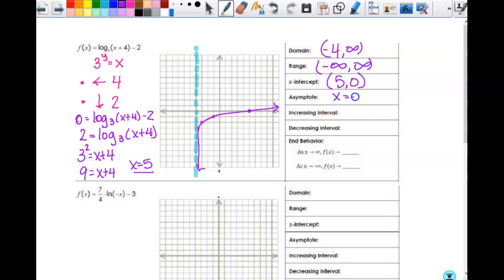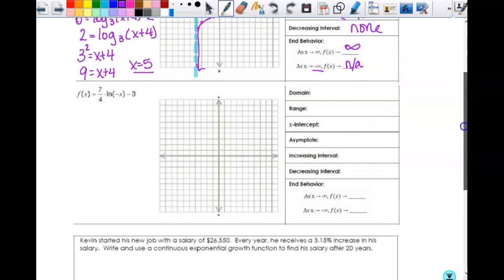Asymptote is at x equals -4. It's increasing from -4 to infinity, decreasing none. As x approaches infinity, f of x approaches infinity. As x, well, x doesn't approach -infinity. It does approach -4. So as x approaches -4, we approach -infinity. But since we don't actually approach -infinity, this is not applicable.